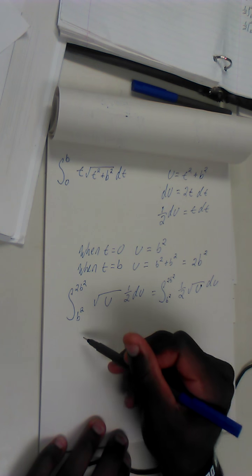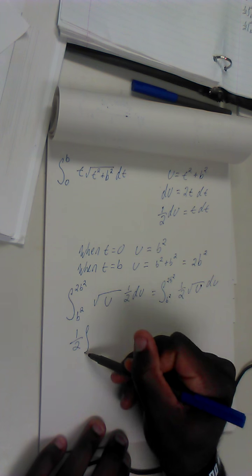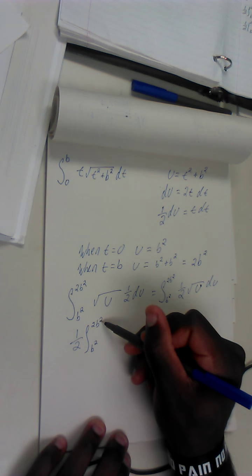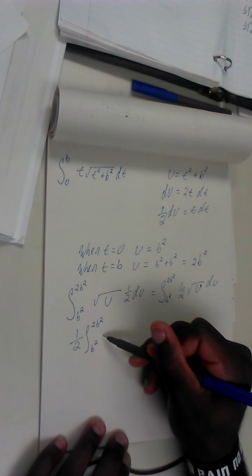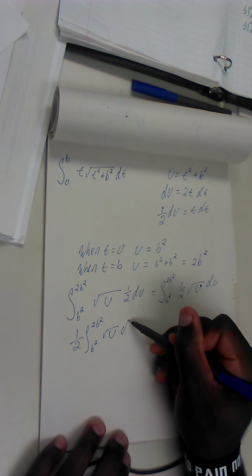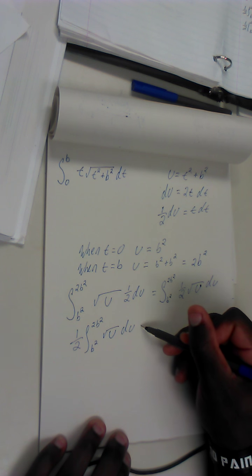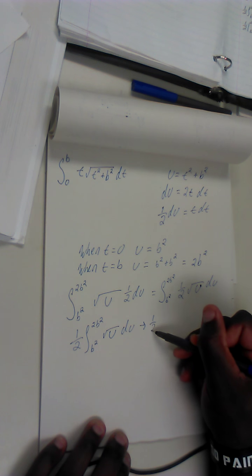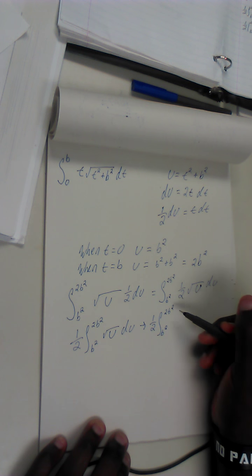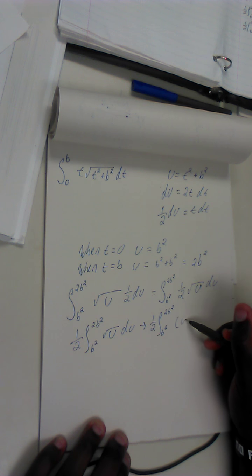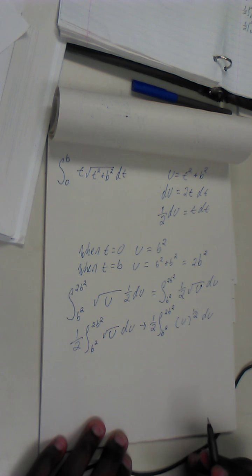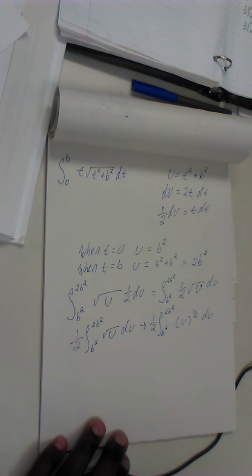And we'll bring this 1/2 outside the integral symbol, so 1/2 integral from b squared to 2b squared of radical u du. Let's go ahead and break down our radical symbol to u to the 1/2 du. And now we're ready to integrate.